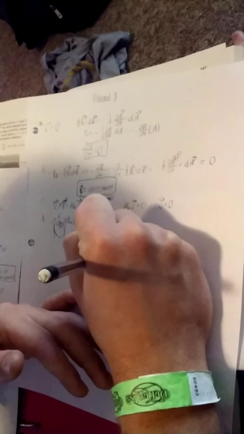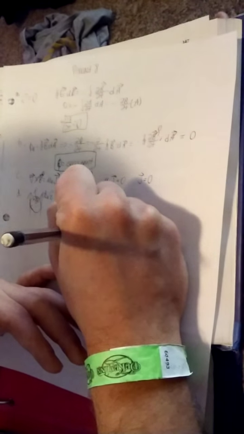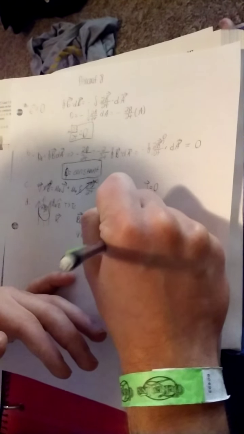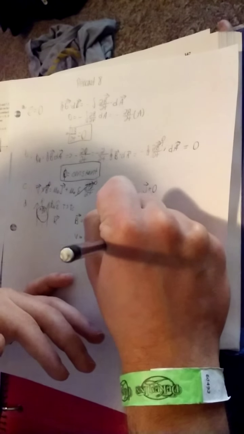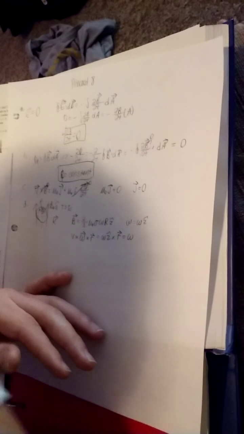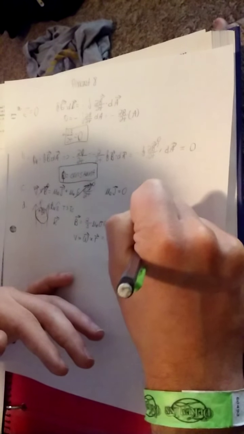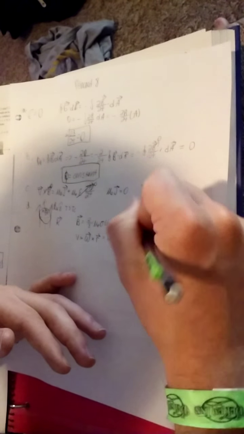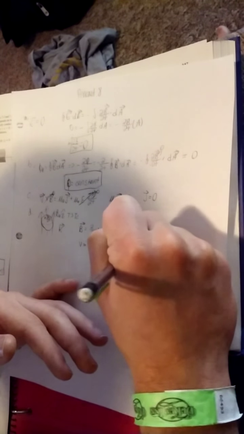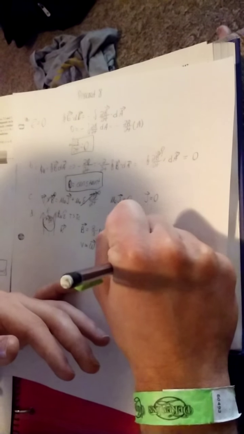We can start by relating v with omega, so v is equal to omega cross r, which equals omega in the z hat direction cross with the r vector, which gives omega a sine theta, where a is not big R. So omega equals v over a sine theta.